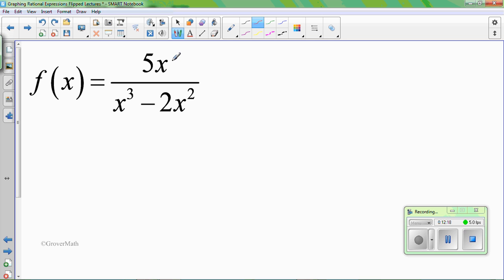So the numerator here cannot be factored, so that's going to stay 5x. The denominator has a greatest common factor of x squared. You take that out, you're left with an x minus 3. So nothing can be reduced, but that is the expression in reduced factored form.